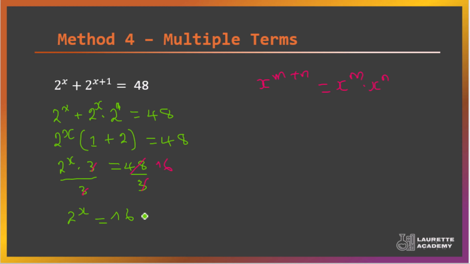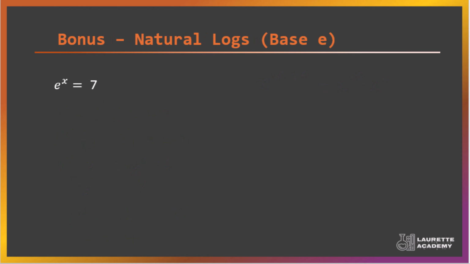But we also know that 16 is equal to 2 to the power 4. So we have the same base here as here. So we equate the exponents. Therefore, x is equal to 4.